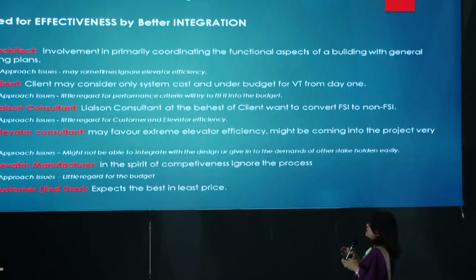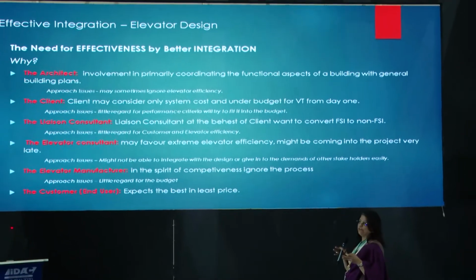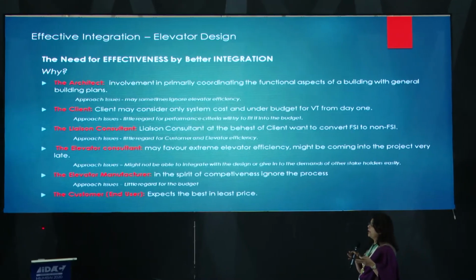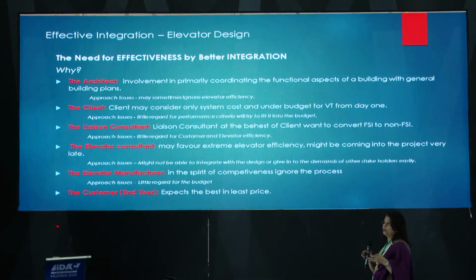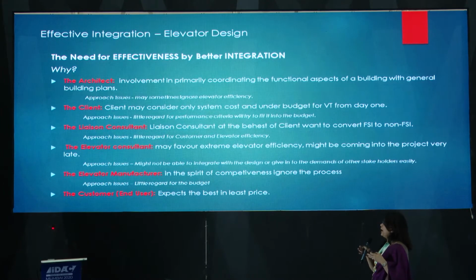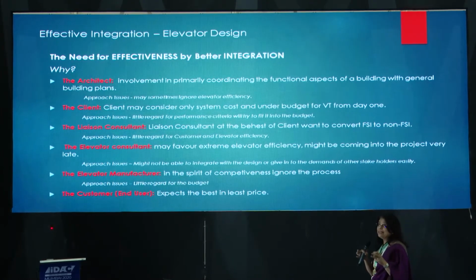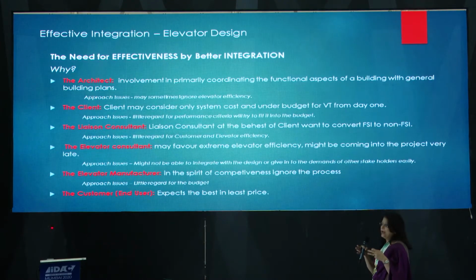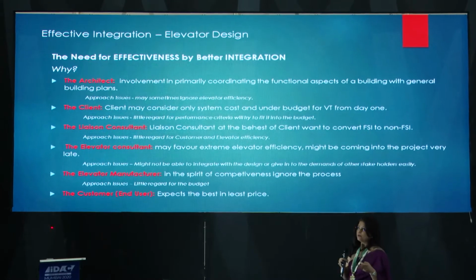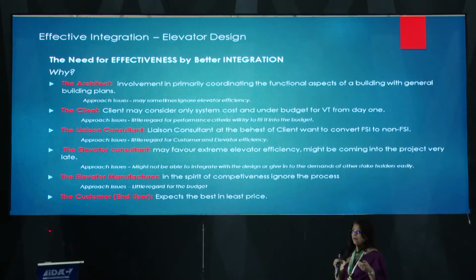The approach may sometimes ignore elevator efficiencies, because he's working closely with the client and the liaison consultant to develop a good design, and of course get the building ratios, built-up to carpet, and so on.